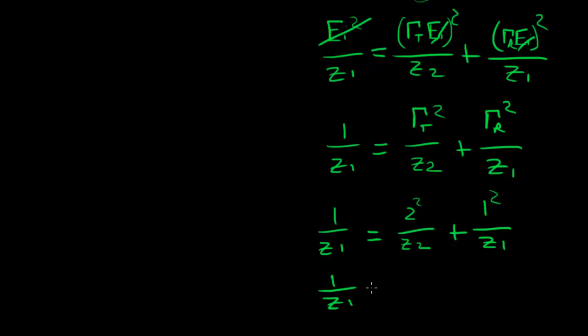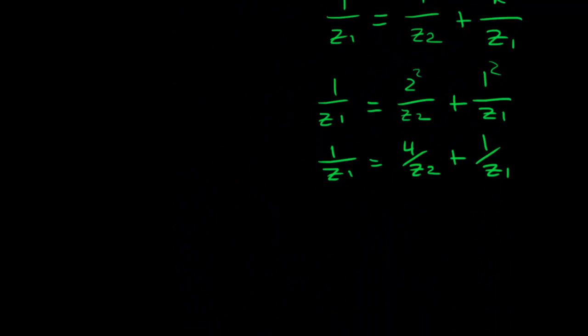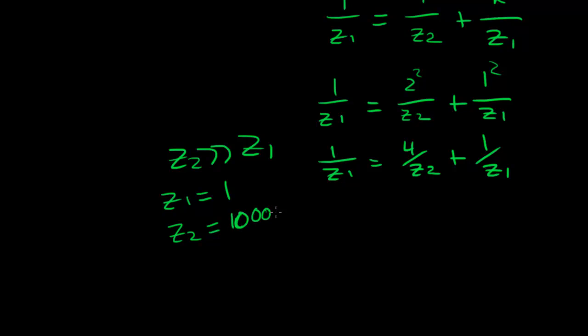Just being very thorough, 1 over Z1 equals 4 over Z2 plus 1 over Z1. And we said that Z2 is much, much greater than Z1. So let's say Z1 is 1, Z2 is 1 with a bunch of zeros. So what do we have? Over on the left we have 1 equals 4 over, let's say it was infinite, infinity plus 1, so we have 1 equals 1. So the conservation of energy holds. Okay.